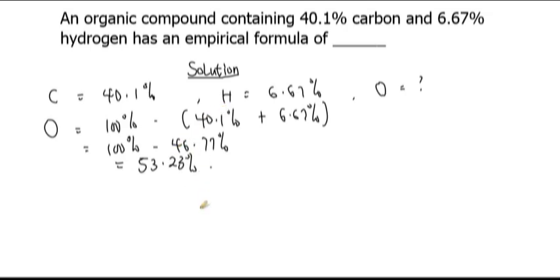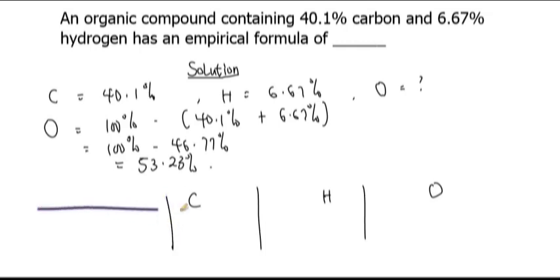Hence we'll be having this in a tabular form. So we have carbon, hydrogen, and oxygen, that is the elements present in the compound. I'll have to increase the line. Okay. Do not forget I said in getting the empirical formula we will have to calculate the number of moles of each of the elements.